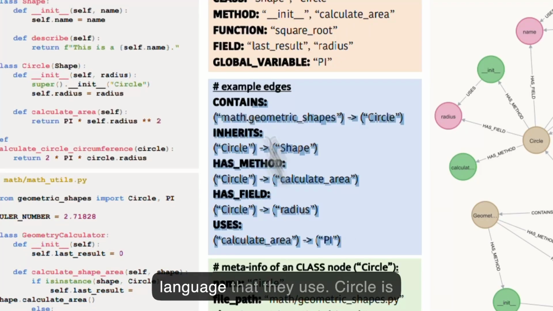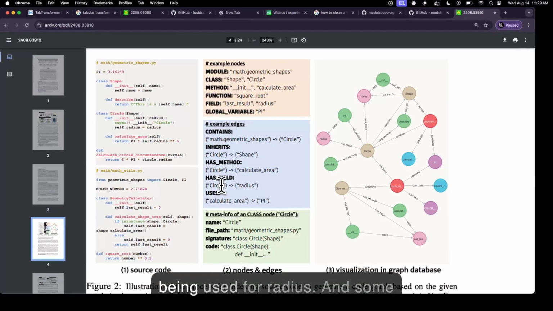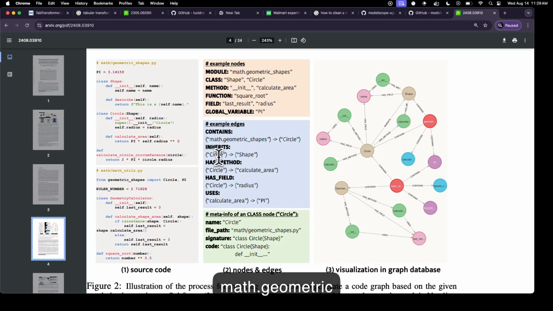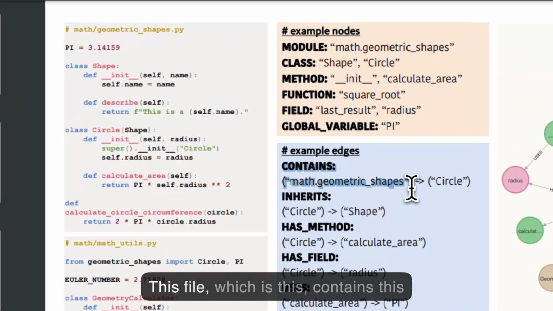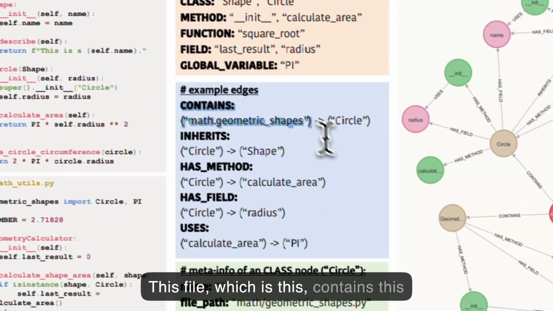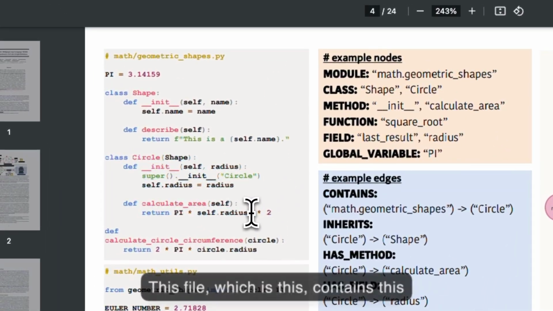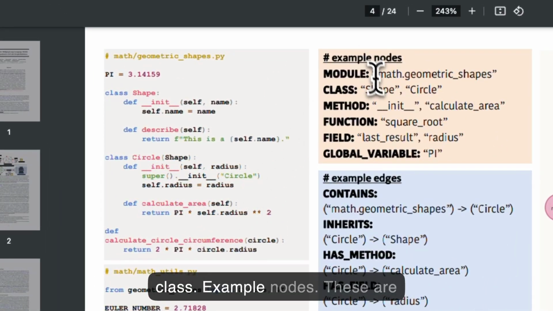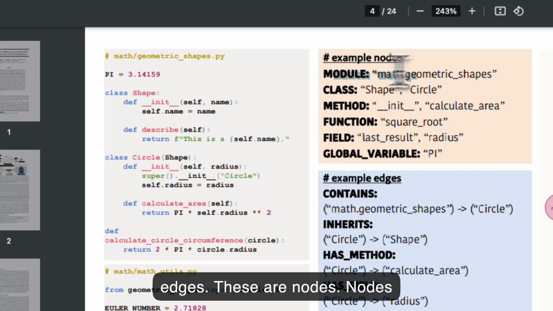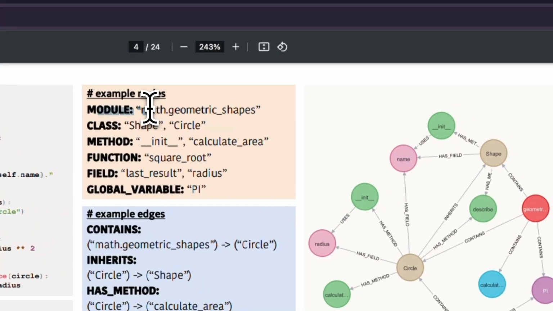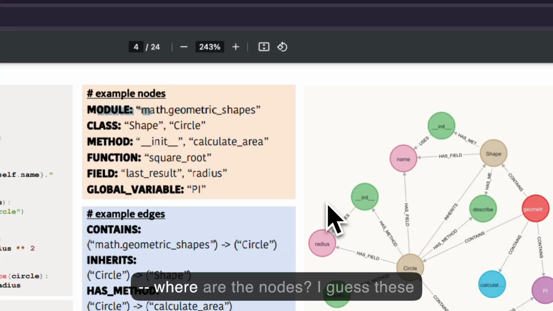Then here is the actual graph language that they use. So Circle is being used for radius and some math geometric shapes. So this file contains this class. Example nodes. So these are edges, these are nodes.